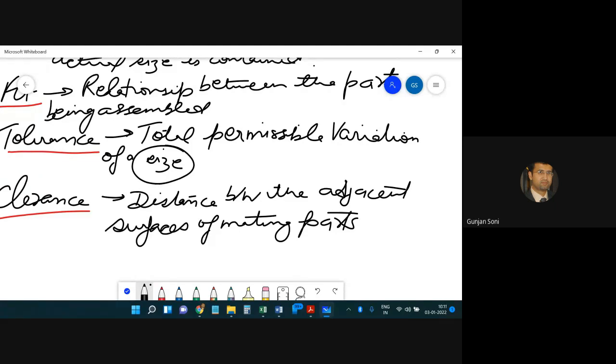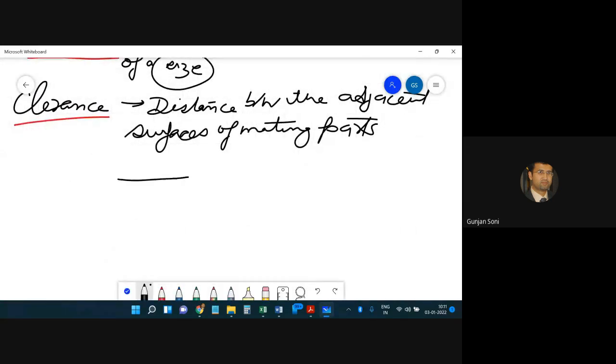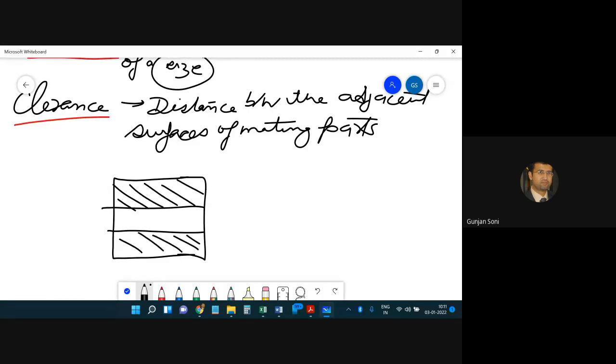So now let's see if we make a figure. So this is your hole and the shaft is here, let's say. This is your shaft.